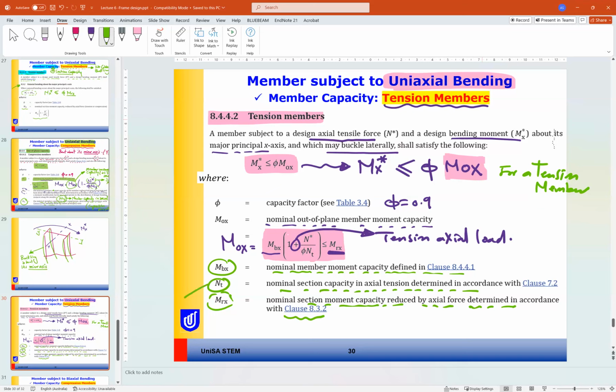So NT is the section capacity in tension, and MRX is the section moment capacity after considering the tension force.